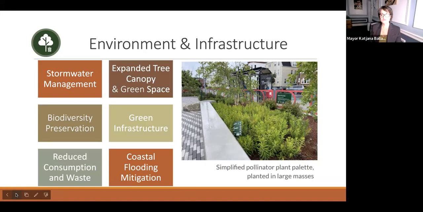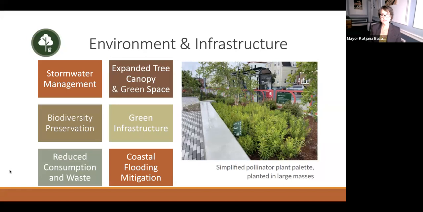With the council, we've also passed a native species plant ordinance, and we've increased the number of native species in our urban canopy and native species in public spaces. We're also integrating green infrastructure into our streetscapes and parks. Additions like rain gardens and bioswales can catch stormwater to reduce flooding.